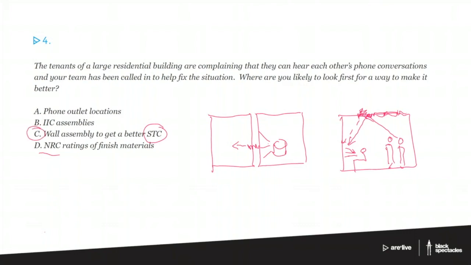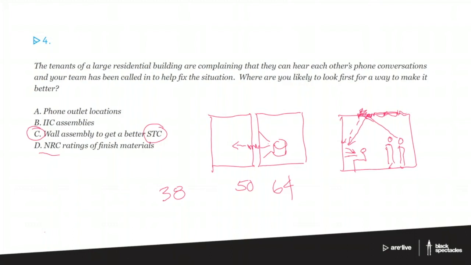And walls with pretty terrible sound transmission numbers are going to be down in the high 30s, like a 38 or 39. Ones with really high ratings might be up in the high 60s. Sort of typical for a demising wall, you'd be looking for somewhere in the high 50s up to 60 in that range.